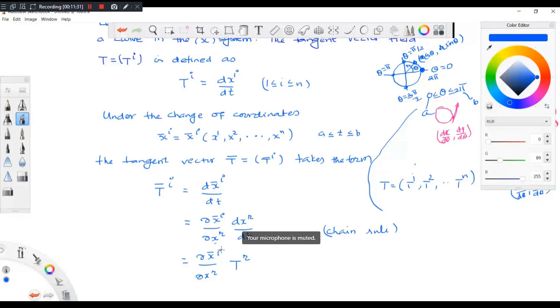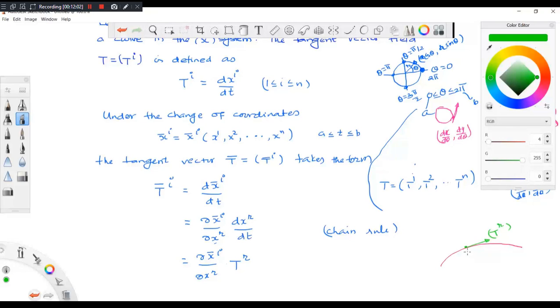Now here is the thing. What is this T r? T r is a tangent vector to a curve. Suppose I have a curve like this, and I have a tangent vector at a point. This is the tangent vector, and its components are denoted by T r, that is T 1, T 2, etc., in one coordinate system.